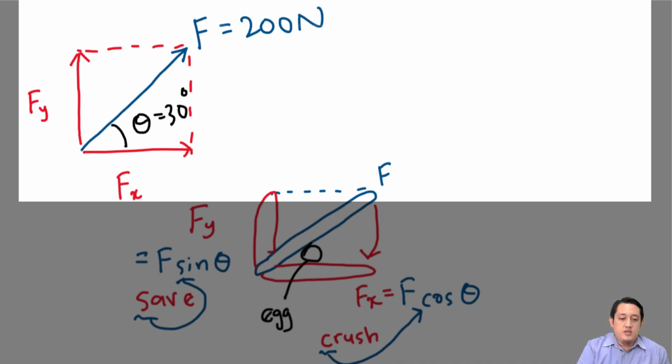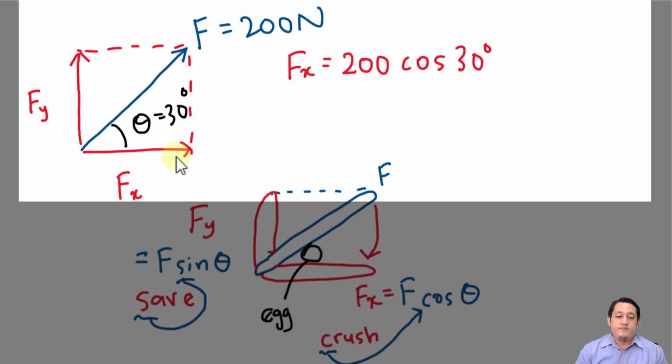Okay, so to calculate Fx, because we have an angle here, it means that when we want to resolve this F to Fx, we want to crush the angle. So to crush the angle, Fx is equal to 200 cos 30 degrees.